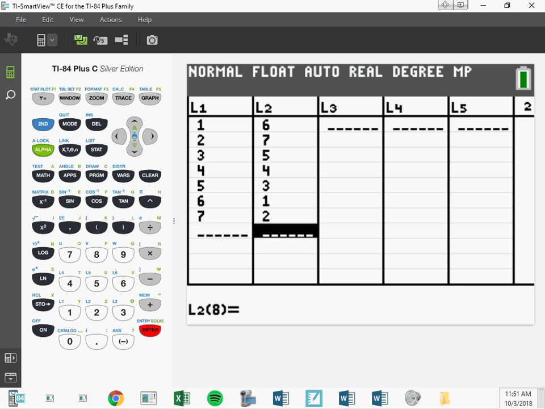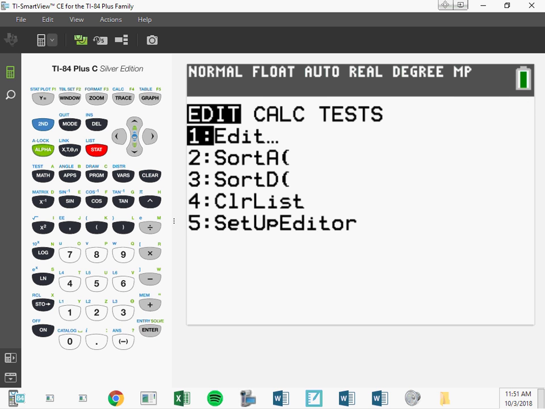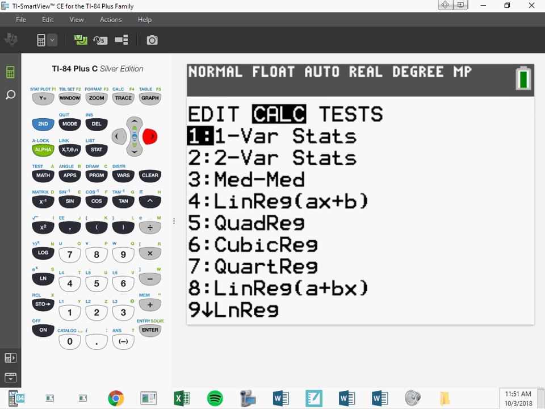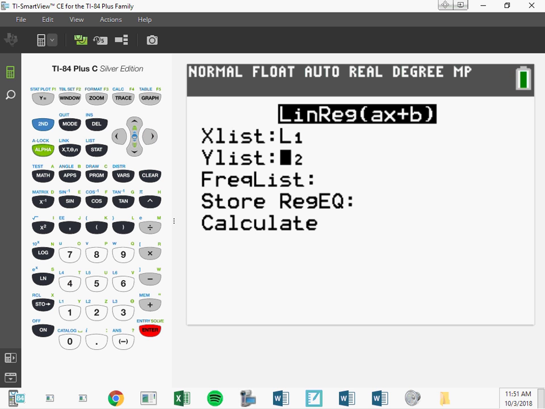And where do I need to go to find my R value? Stat, calc, linear regression, which is number 4. Going to calculate.